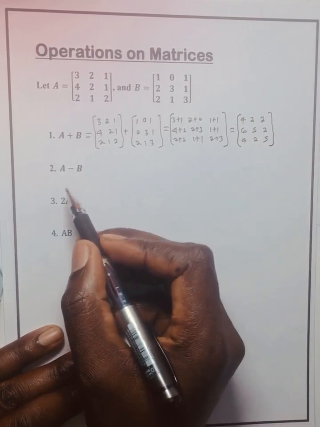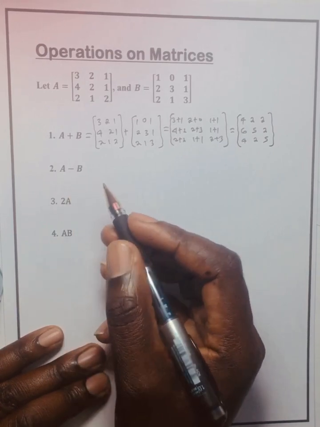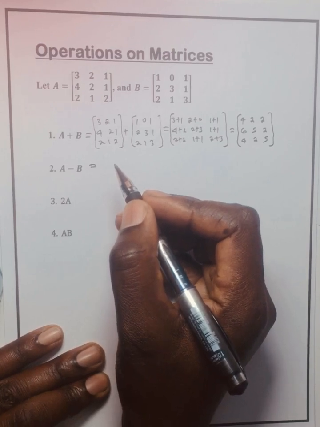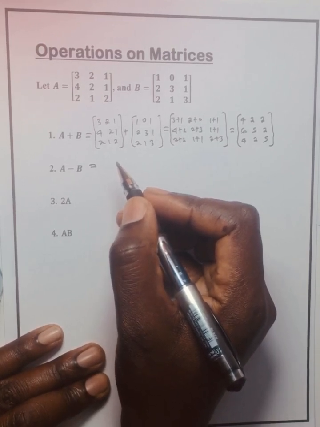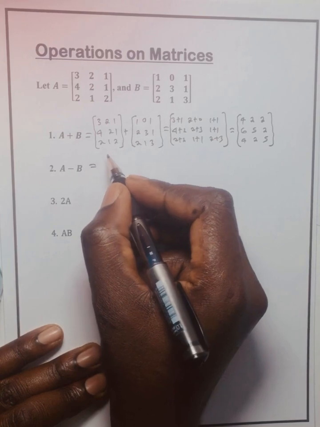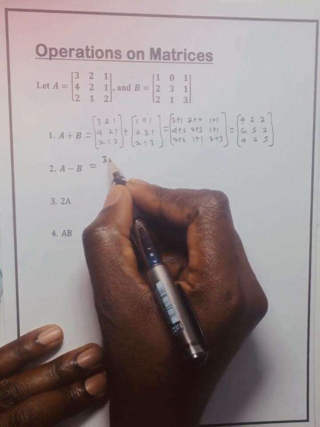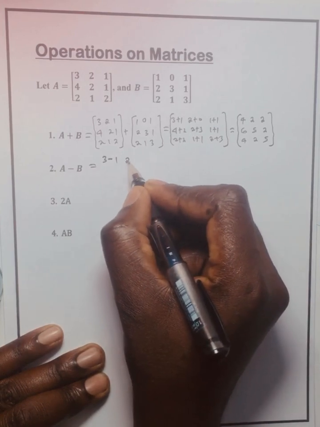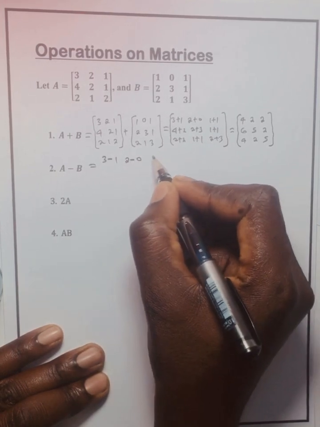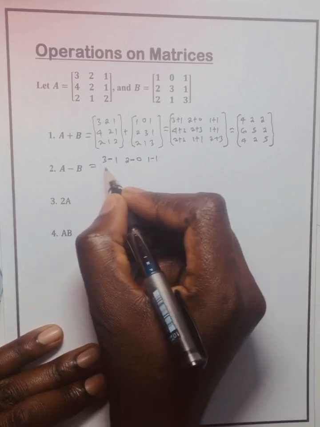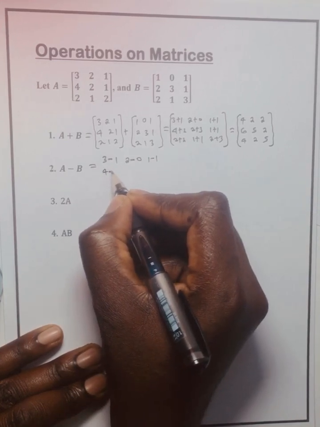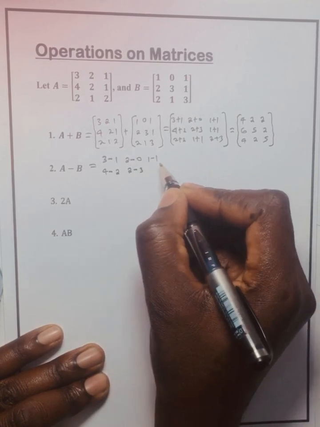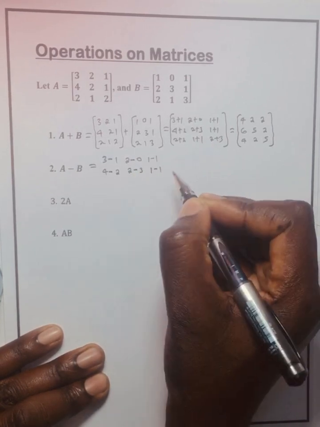Then you can also be asked to get the difference between the two matrices. So in this case, again, you'll get the difference between corresponding entries in the matrices. So here you'll have 3 minus 1, 2 minus 0, 1 minus 1. Then you'll have 4 minus 2, 2 minus 3, 1 minus 1.